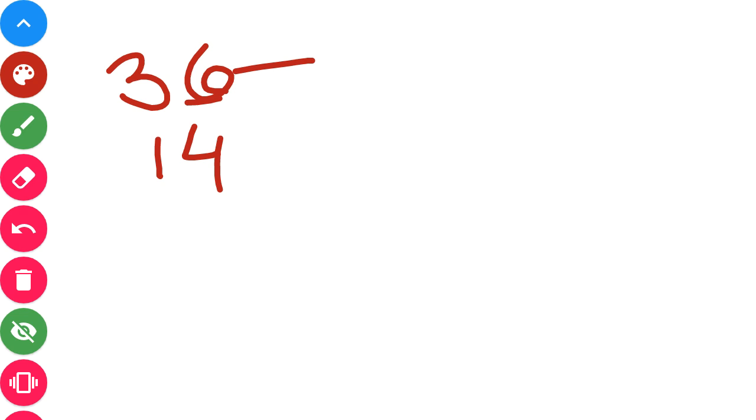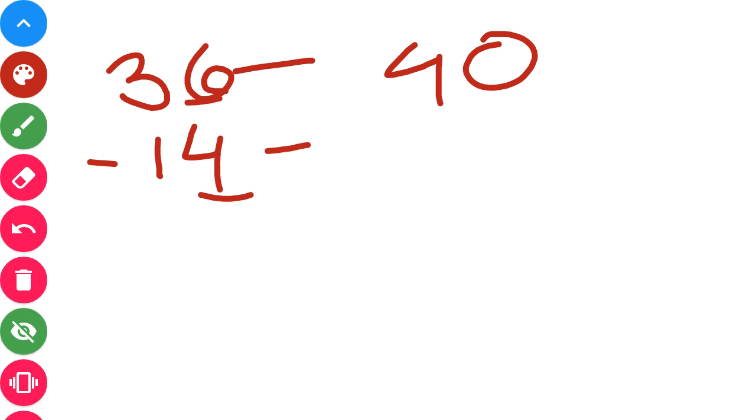So this 6 is greater than 5. So this 6 will become 0, and as this 6 is greater than 5, this 3 will get increased by 1. So our answer will be 40. Now next is 14. Again, is 4 greater than 5 or smaller than 5? 4 is smaller than 5.